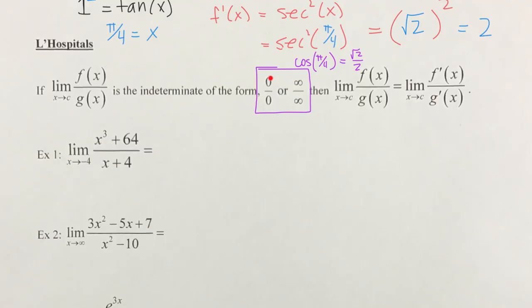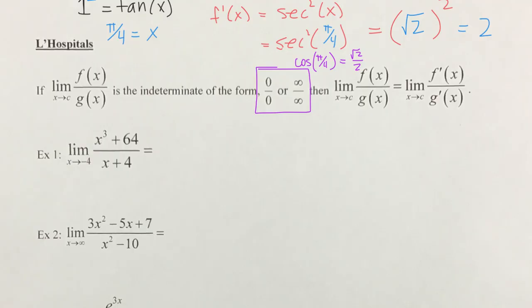Because if we get anything other than 0 over 0 or infinity over infinity, then we can't use this rule, which says that the limit of your function is the same as the limit of the derivatives. So we're going to be taking the derivative of the numerator and the derivative of the denominator until you no longer get a 0 over 0 or infinity over infinity form. Okay, so let's see how this works.